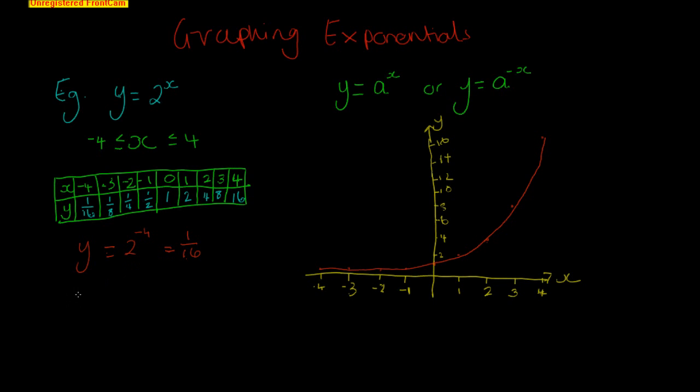So if x is -3, y equals 2 to the power of -3, which is equal to 1/8, okay, and so on. So if x is -2, y equals 2 to the power of -2, which equals 1/4. Okay, and you do that for every value you've got in your table for x, and that'll give you all your values of y.